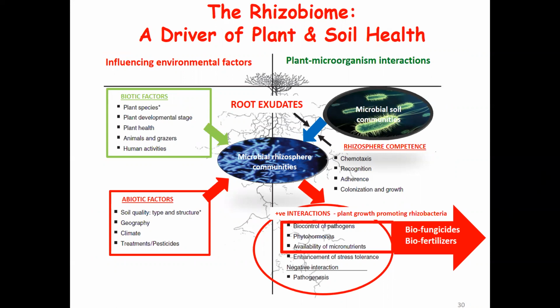Now, these interactions, specifically the positive ones, which are brought about by rhizobacteria, which promote plant growth, can contribute to the biocontrol of pathogens, phytohormones, the availability of micronutrients, etc. And we can use them to produce biofungicides or biofertilizers.